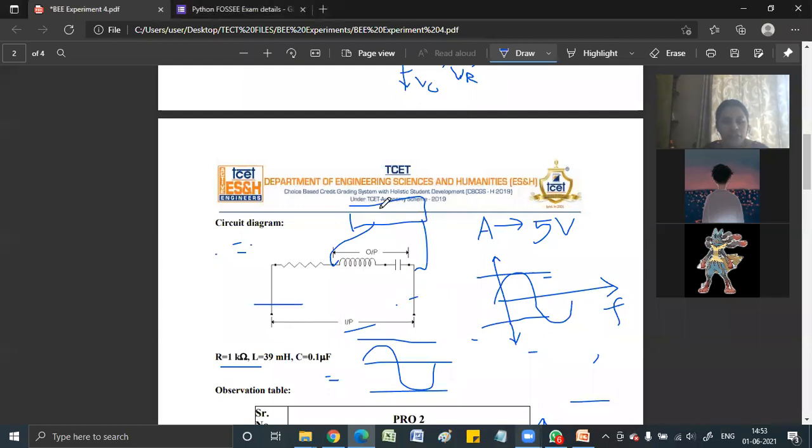And where I have connected, this is my positive and this is my negative of the oscilloscope. Please draw this diagram. Then you can open your Tinkercad, and then we'll see how to look at the waveform.